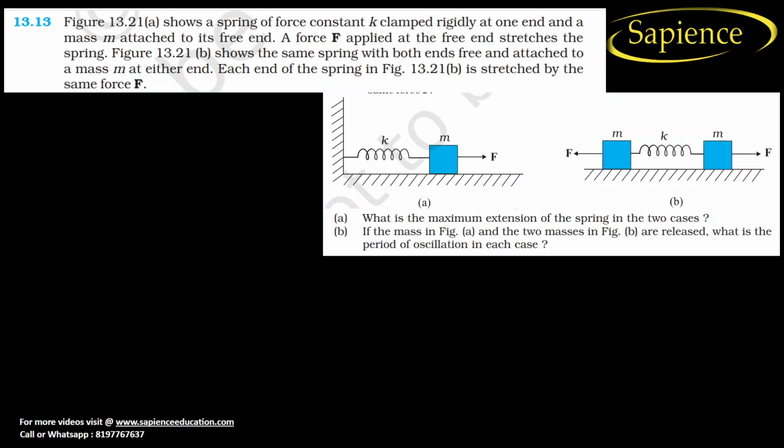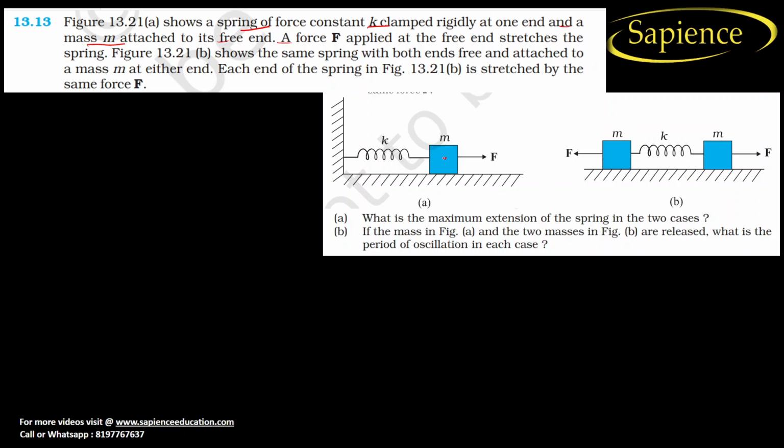First of all, let me read out the question so that we can understand what they want. A figure shows a spring of force constant K clamped rigidly at one end and a mass M attached to its free end.